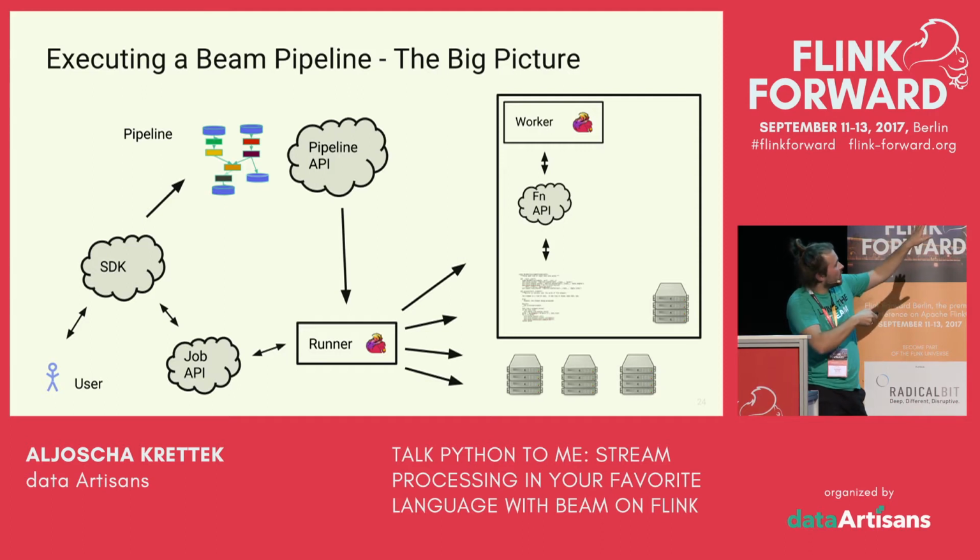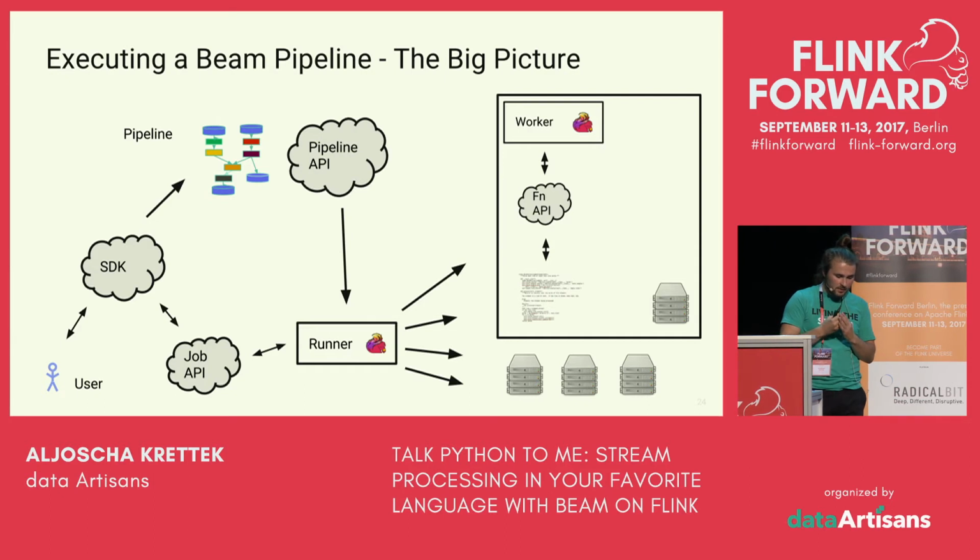And a worker, in this case a Flink operator, would use the Fn API to communicate with this user code in a defined way. We'll get in a second to how that actually works. And then the last bit is the Job API. This is an API that can be used by the user to control execution of a job.